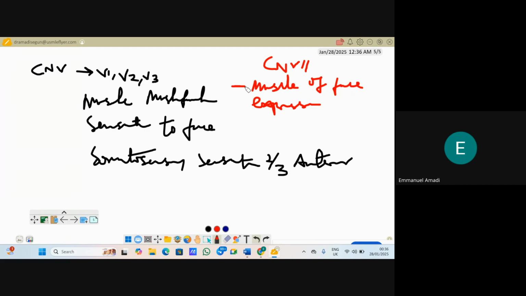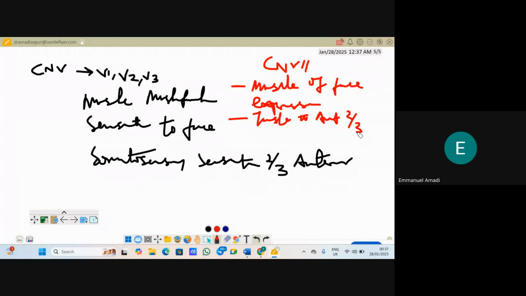In addition to this, the facial nerve supplies sensation of taste to the anterior two-thirds of the tongue. So you can do taste, not somatosensory, to the anterior two-thirds of the tongue. We have a long way we're going, but we're tying it in. We'll definitely get there.